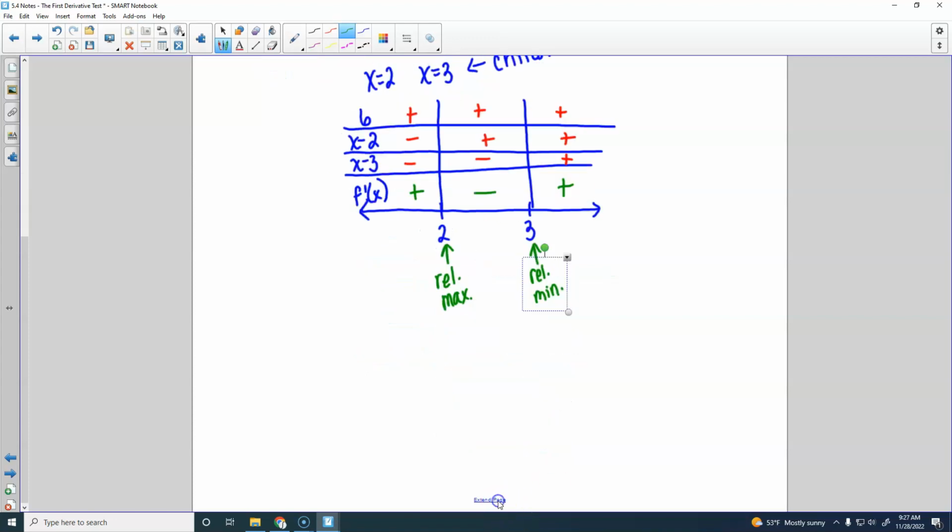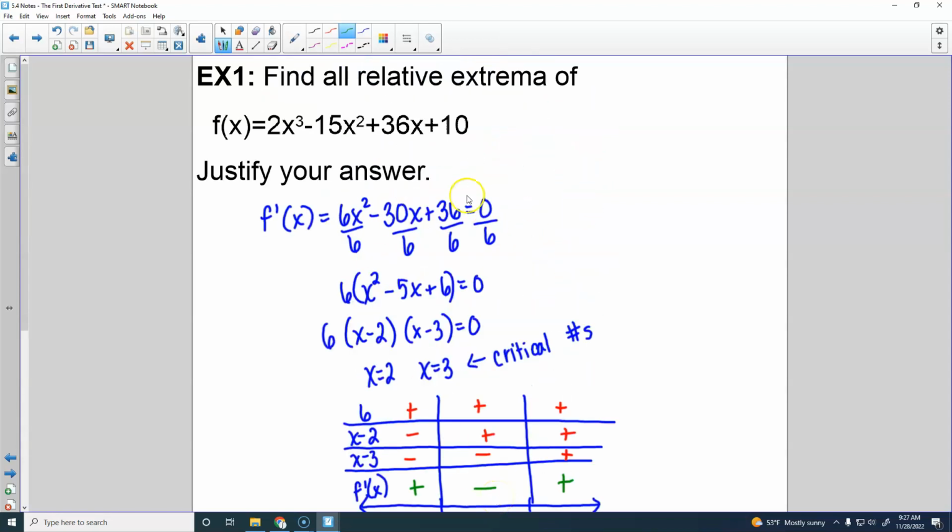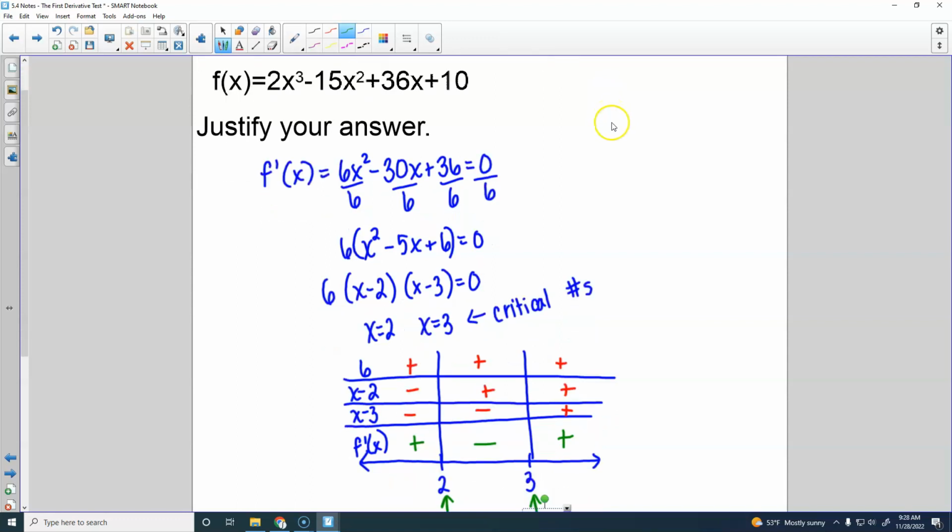So the actual maximum point or maximum value would be the y-coordinate. The x-coordinate is where that occurs. The way they have asked us here, it just says find all relative extrema. So I would use both coordinates here.